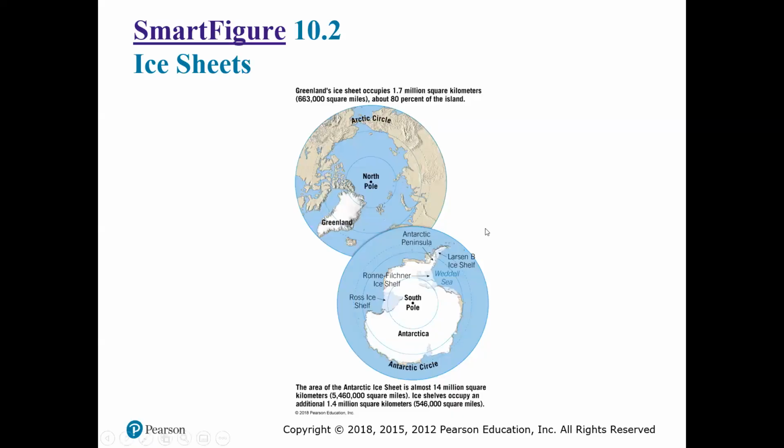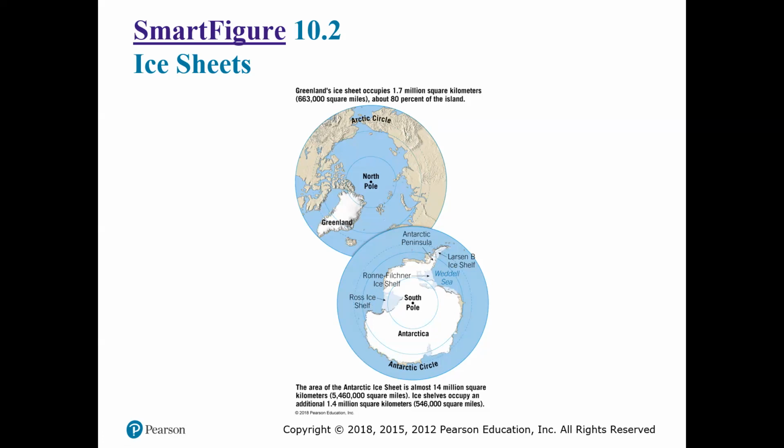Something else that you'll notice associated with ice sheets are these ice shelves, and you can see a couple of them here on this map of Antarctica. This is when glacial ice flows into the ocean, and they are large, relatively flat, and they're actually pieces of floating ice.